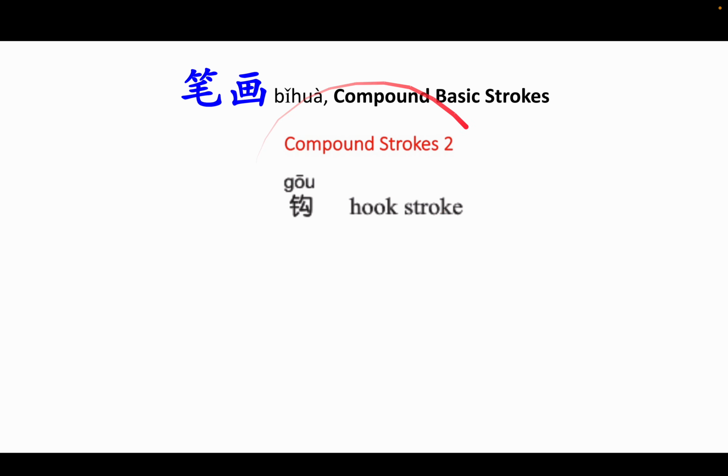The second group of compound stroke is hook.